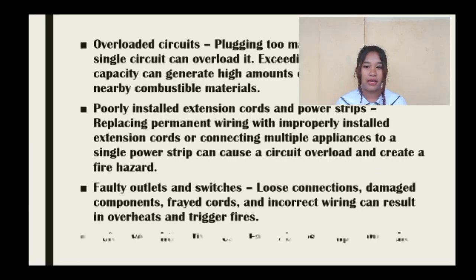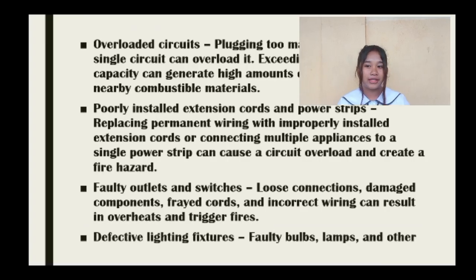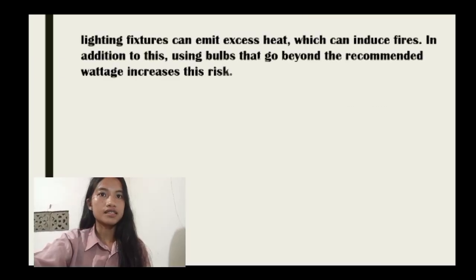Faulty outlets and switches. Loose connections, damaged components, frayed cords, and corroded wiring can result in overheating and trigger fires. Defective lighting fixtures, faulty bulbs, lamps, and others. Fixtures can emit excess heat, which can induce fires.